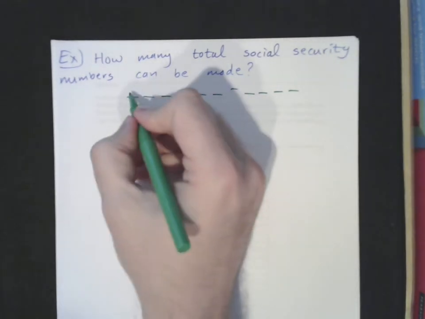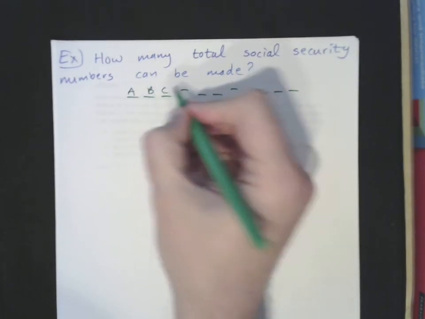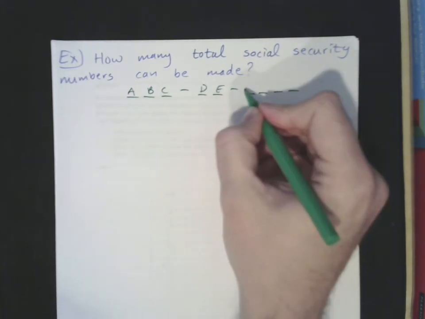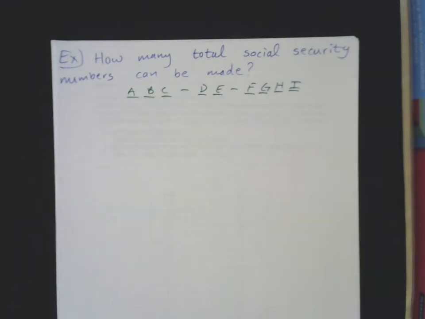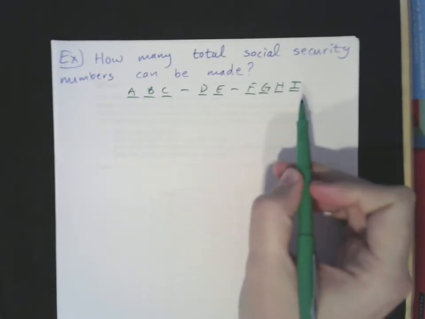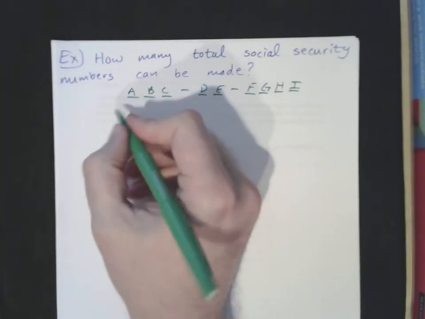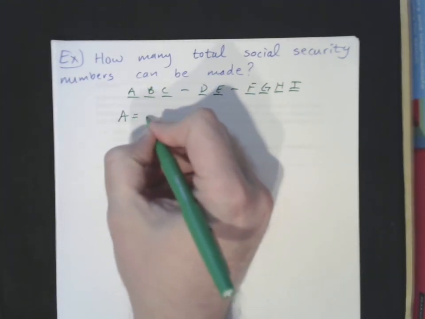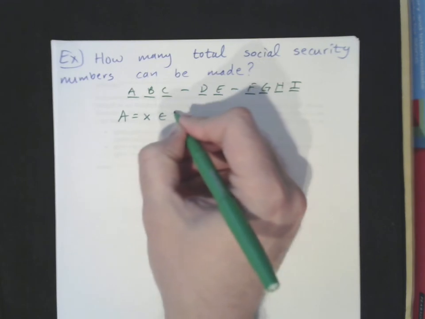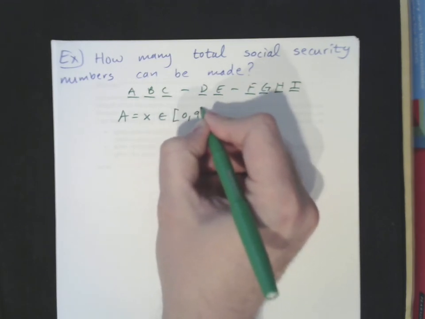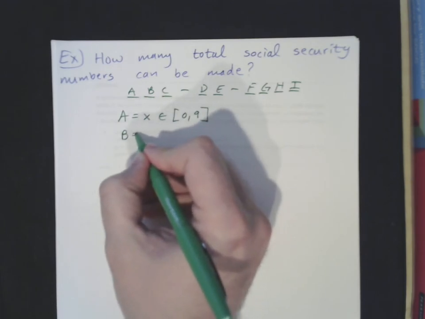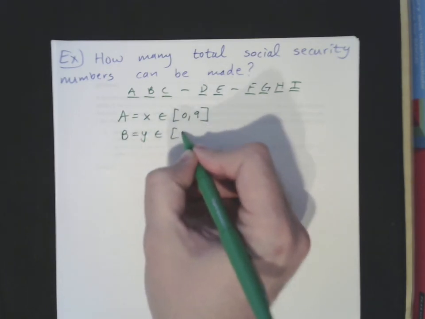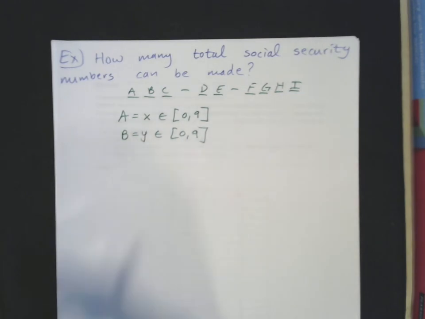So we have to choose something for A, B, C, D, E, F, G, H, and I. All of our Social Security number digits need to be anything from 0 to 9. So A, you can think of as x, which lives in 0 to 9, B, which equals y, lives in 0 to 9, and so on.